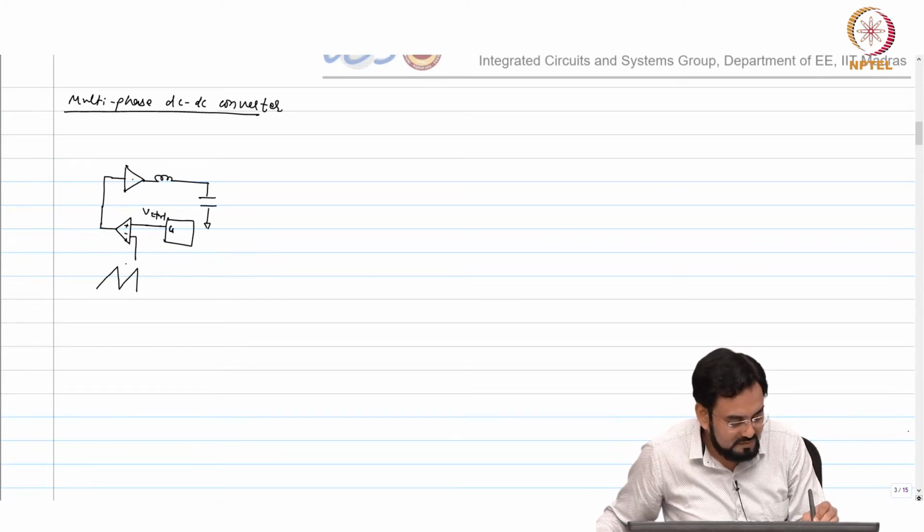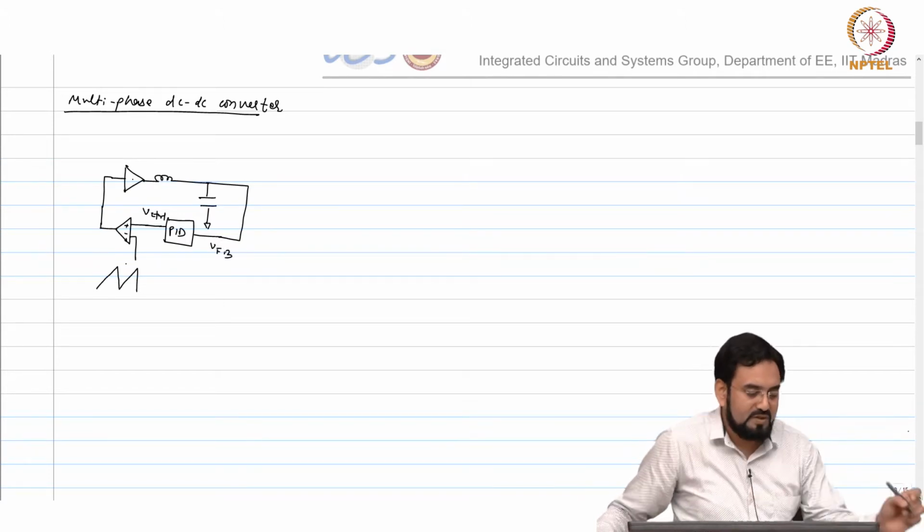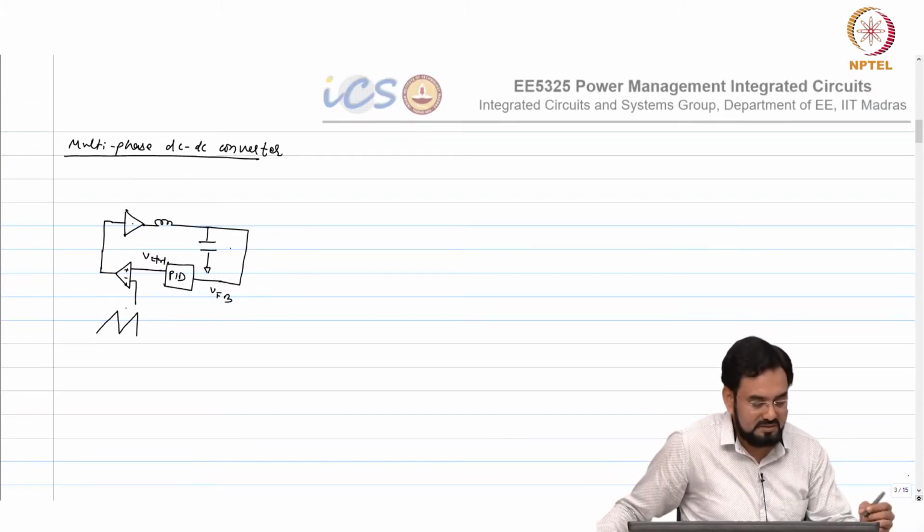This is your, let's say, PID. Okay. So this is your single phase buck.